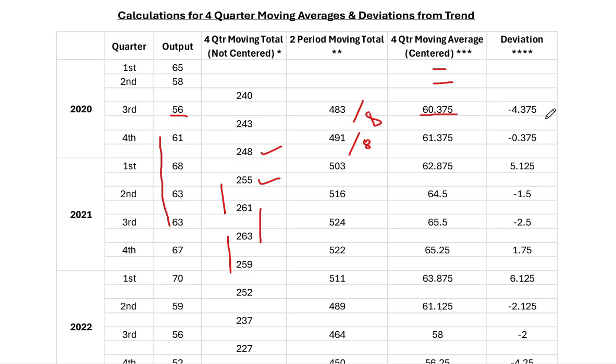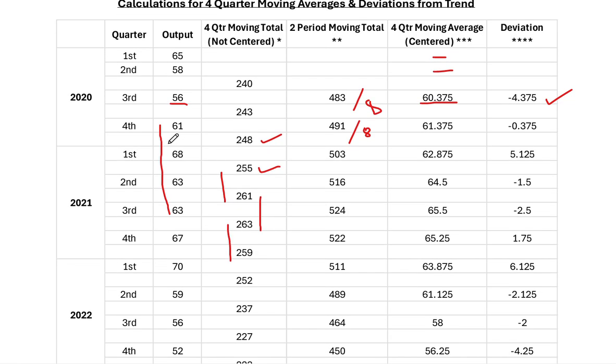So our deviation is minus 4.375. 56 minus 60.375. In fourth quarter of 2020, earlier output is 61 and revised output is 61.375. So deviation is minus 0.375.